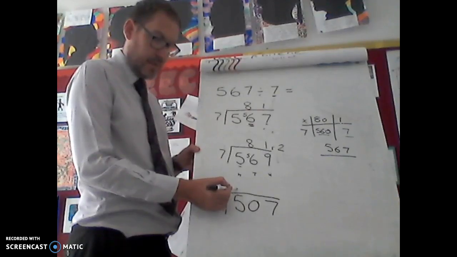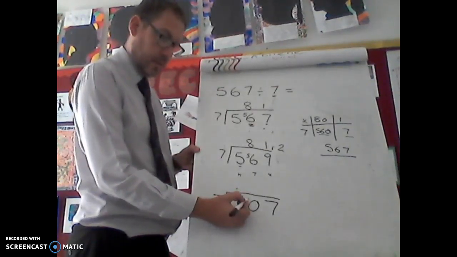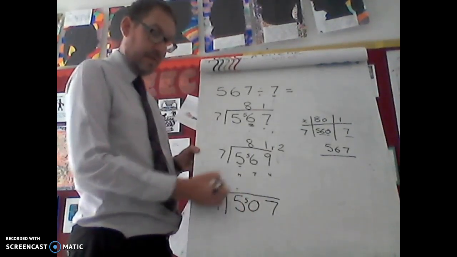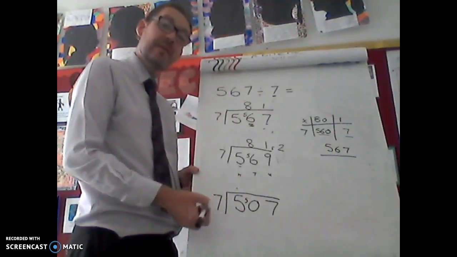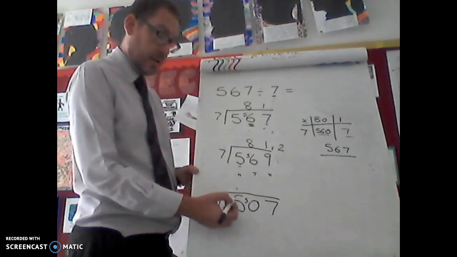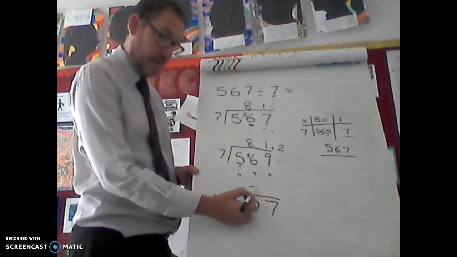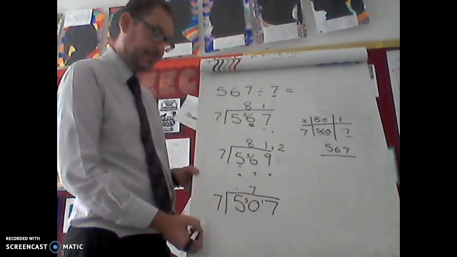Well, just like I said before, I'm going to bring that 5 over to here. How many 7s can I fit into 50? Well, I know 7 times 7 equals 49, so I can't go any further. So I'm going to have to go 7, and there's one remainder there, isn't there?